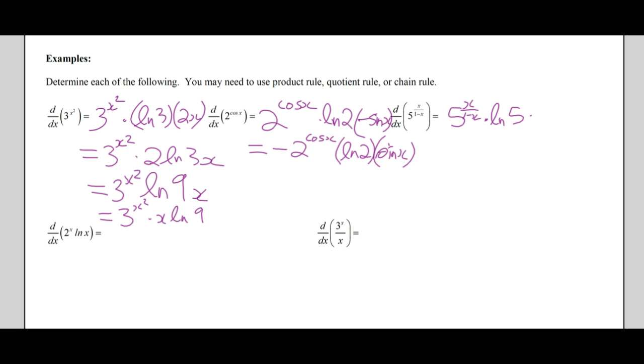It's not that bad, it all cancels out at the top. Does it? Okay, so we've got 1 minus x times 1 minus x times negative 1 over 1 minus x squared. So 5 to the x over 1 minus x, ln 5. All right, what do we got here?